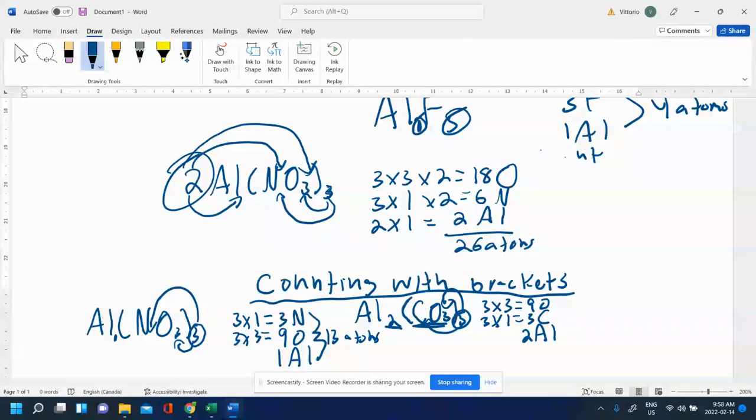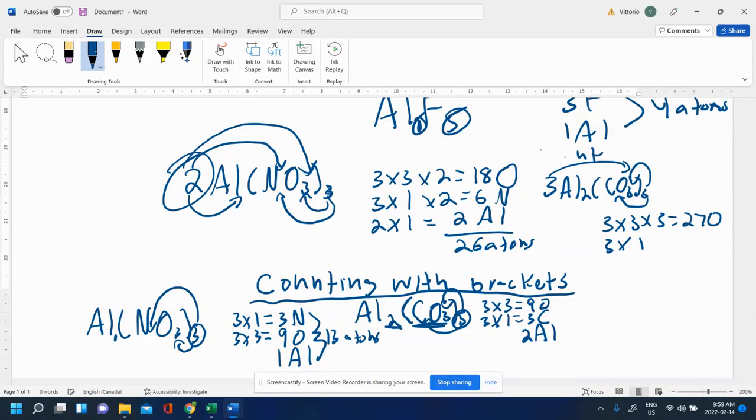We'll do one more together. We'll do this one here, 3Al2(CO3)3. And we'll go ahead and figure out oxygen first. So for oxygen, 3 times 3 times 3 again, because there's a 3 coefficient. So 3 times 3 times 3, 27 oxygens. For carbon, 3 times 1, and then times 3 again, because of the coefficient. So that's 9 carbons.